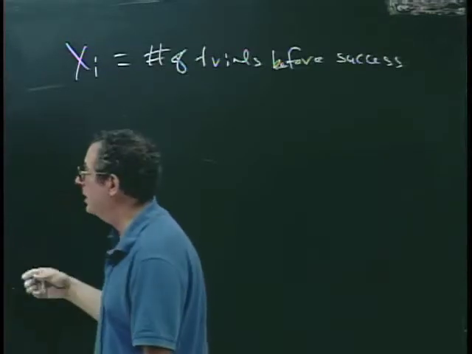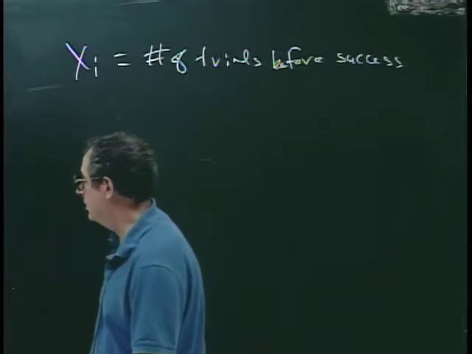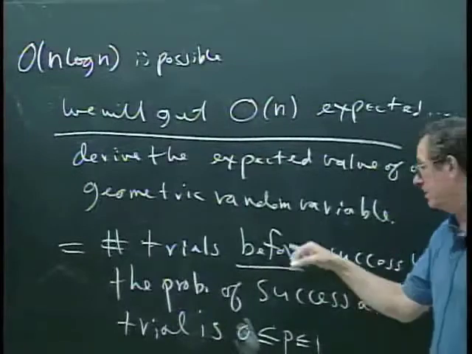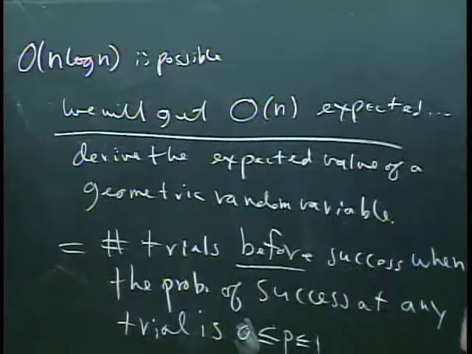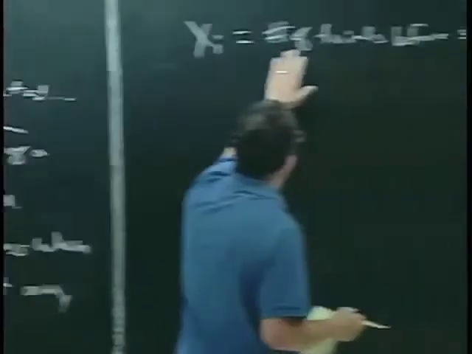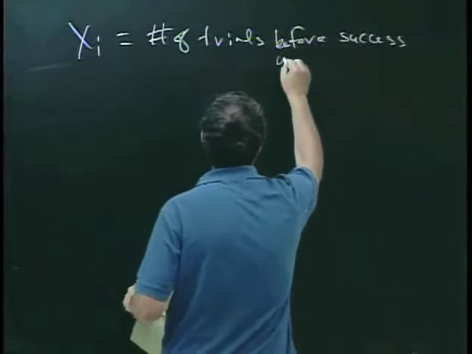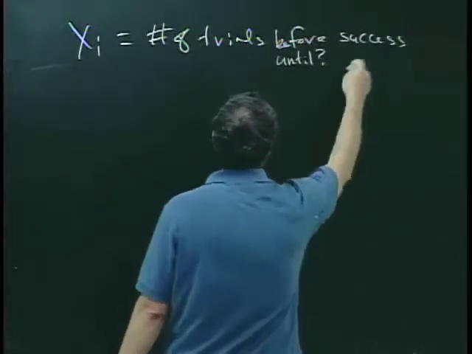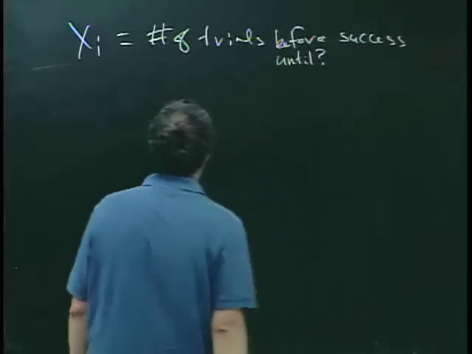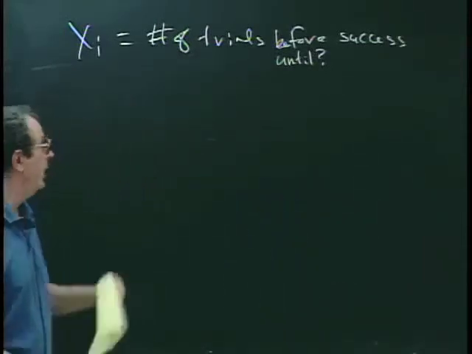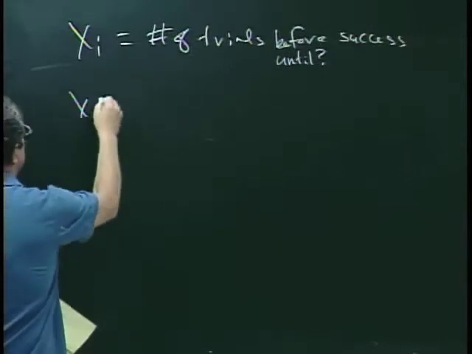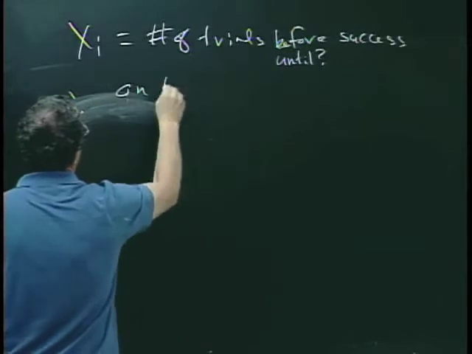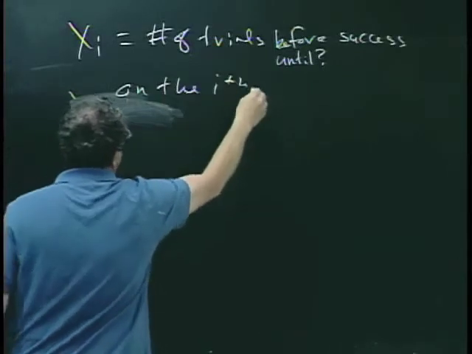Here I wrote before, but when we start actually doing the analysis, I may discover that I want until. So Xi is the number of trials before, or maybe until, success. I'm sorry for the ambiguity. Okay? So Xi is a, and what's the i here? On the ith experiment.